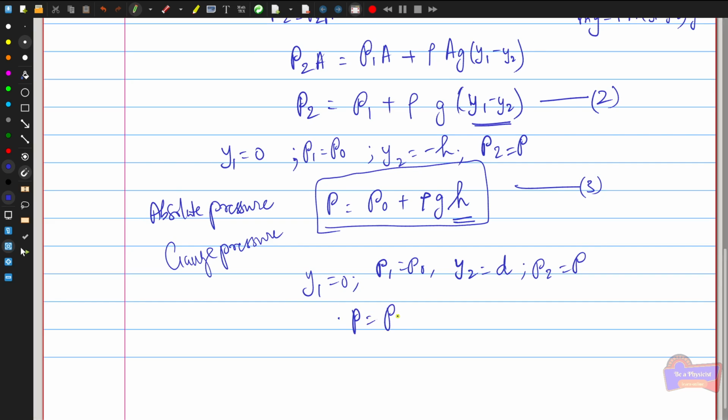P equals P0 minus rho times g times d, where rho is the density of the air, so I can write this as rho subscript air times g times the distance d above the first layer which you have considered.